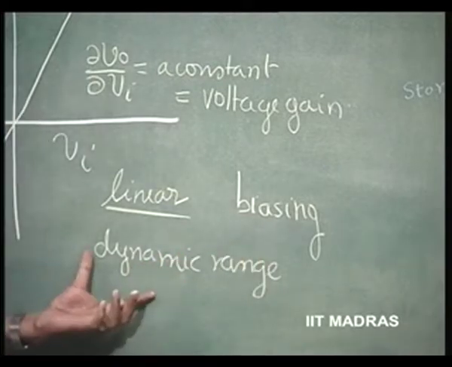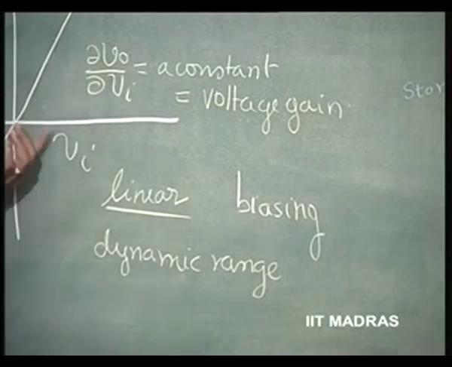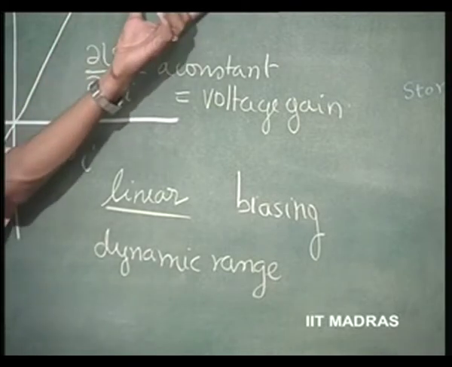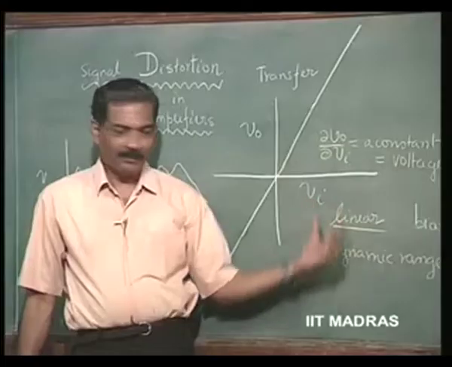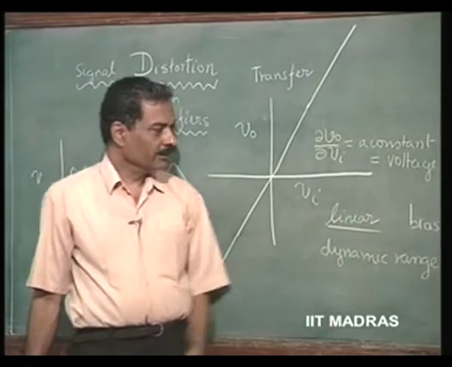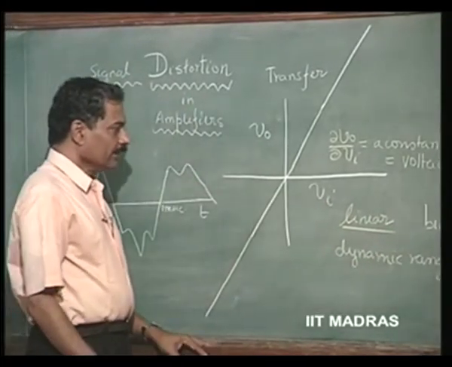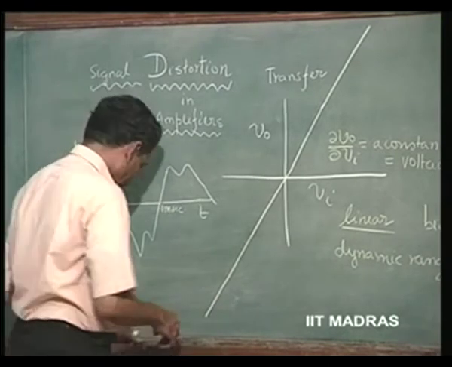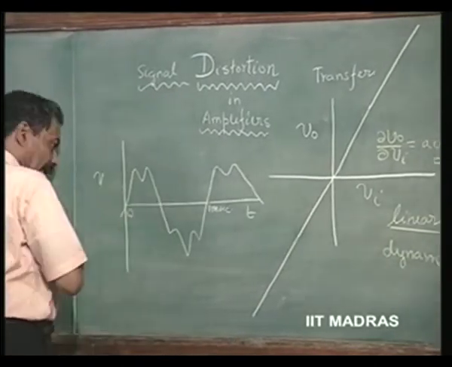What it means is, it is operable over a large range of voltages, dynamic range. Okay. So, this is the purpose of designing amplifiers, to make it as linear as possible.